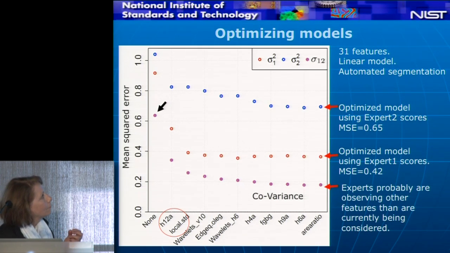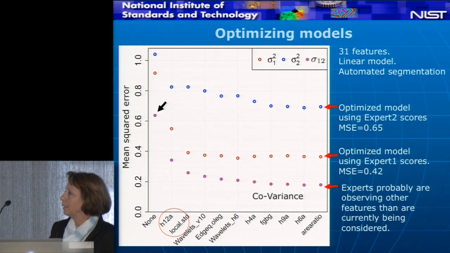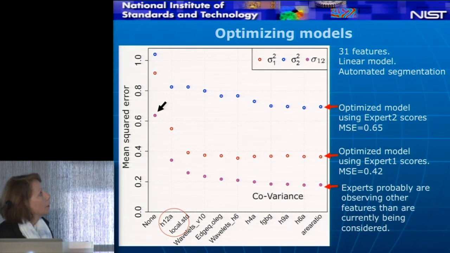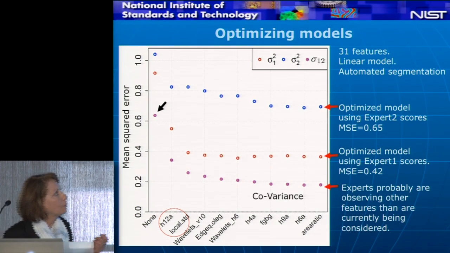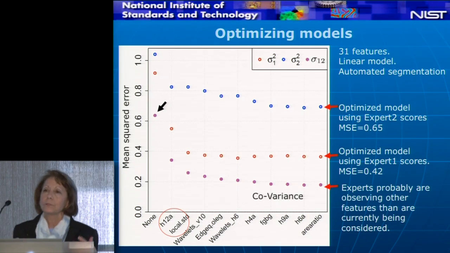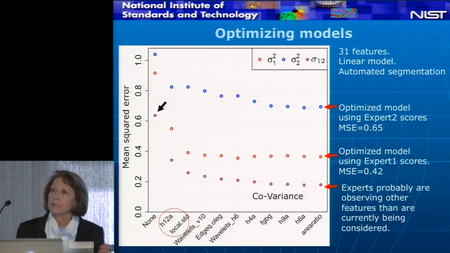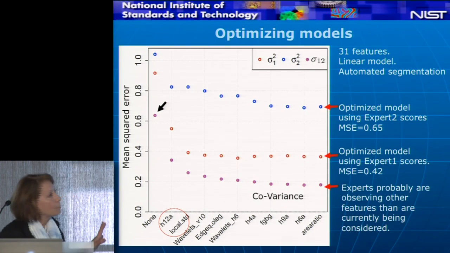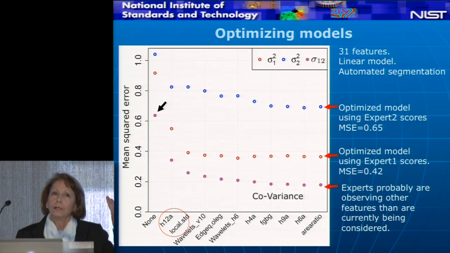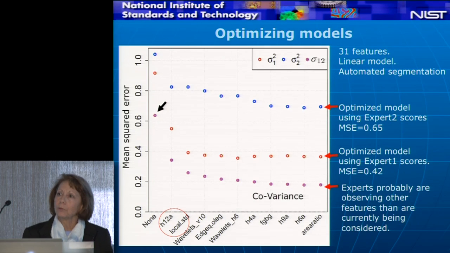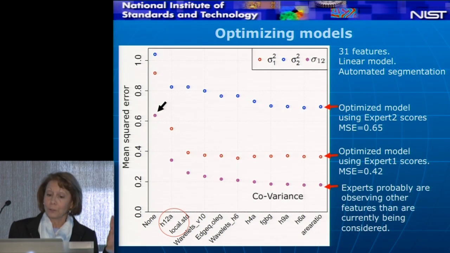The covariance in how these two experts both respond to different features suggests that those experts are probably both seeing features and using features in their decision that are not captured by any of the features that we are using down here. And so there's a lot of information here that tells us how the models could be improved, and it gives us information about qualifying those models.